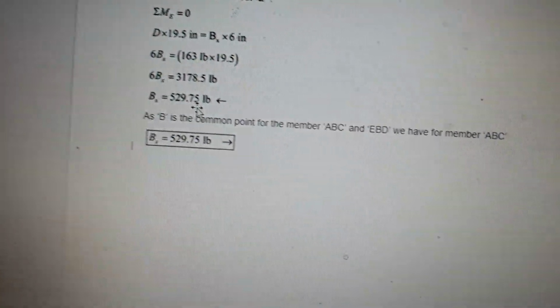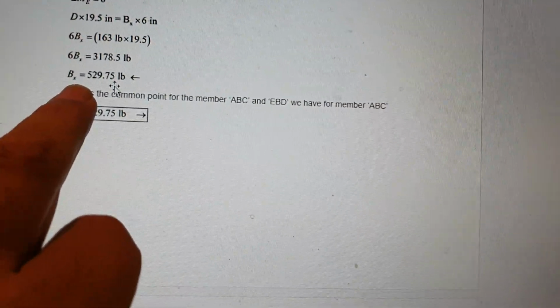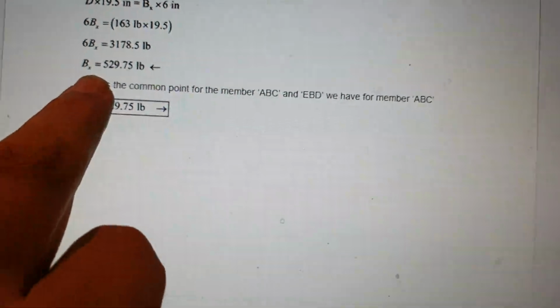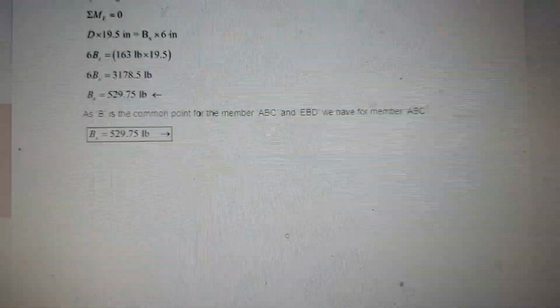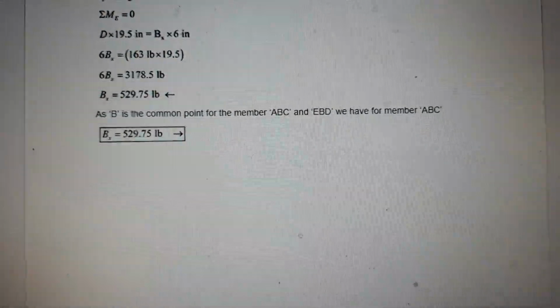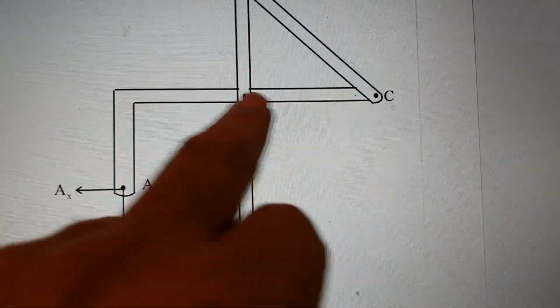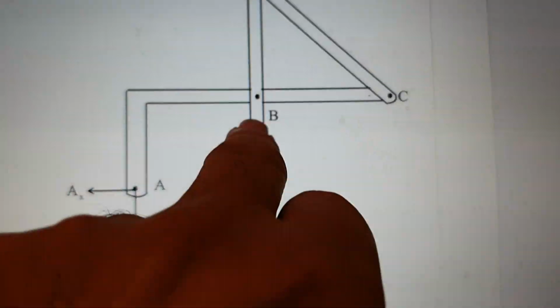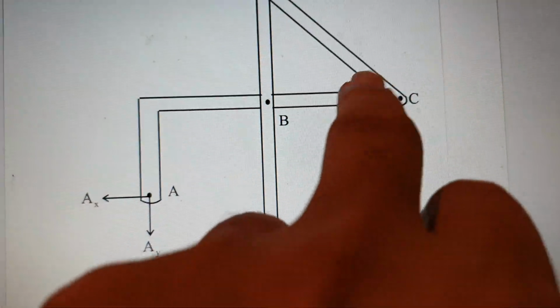Look at the directions. So BX is common between two members. You can see it. B is common between ABC and DBE. So we need to find ABC later on.